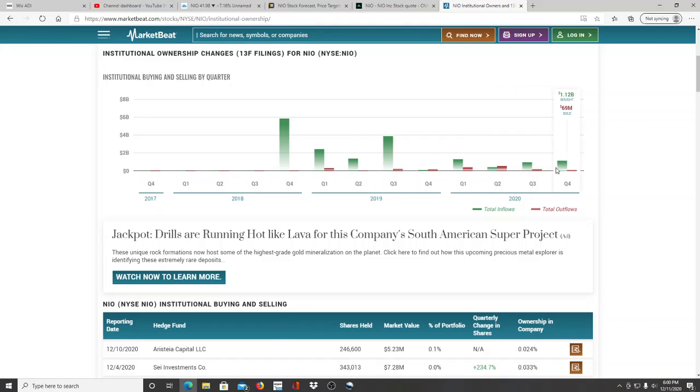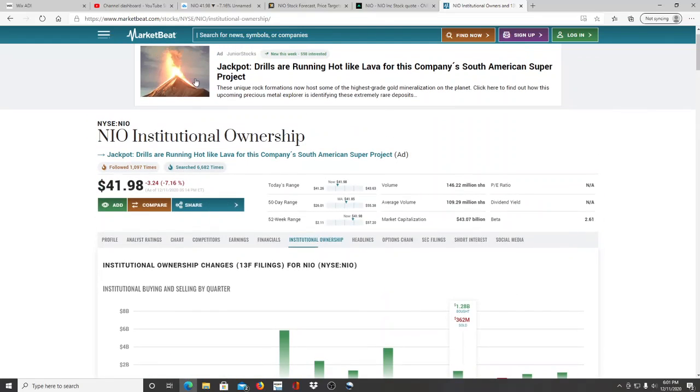And 500, 300, and now this quarter it's only been 69 million, and 1.12 billion have bought. It's the highest the buying has been since quarter one, and the lowest in selling.